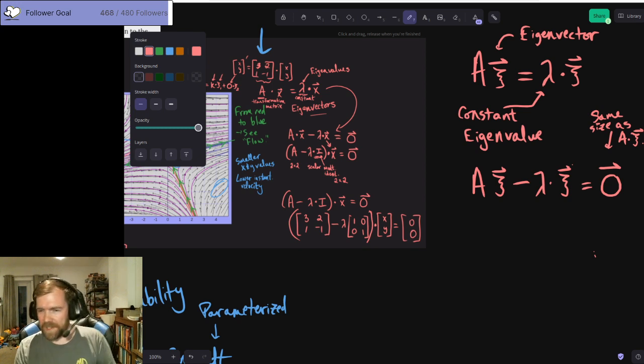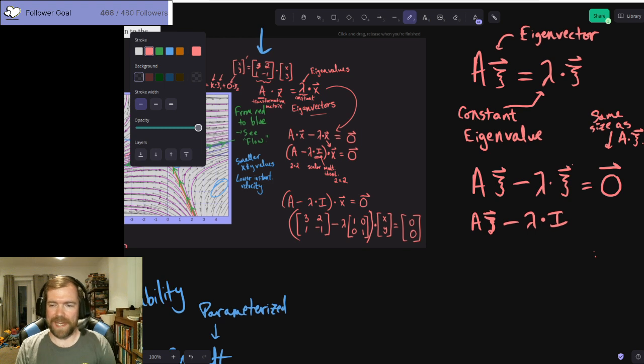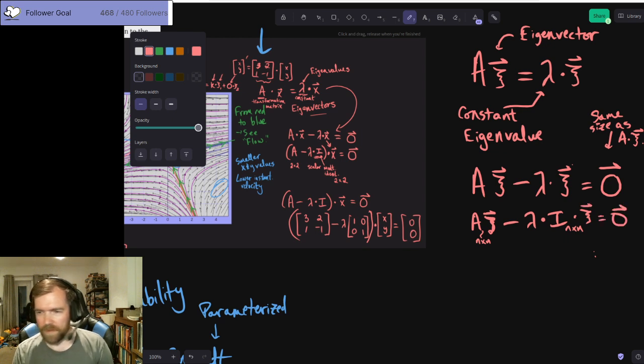So in this particular case, we're going to say that A C is going to be lambda times our identity matrix, which is going to be the same size as matrix A. So we have A being n by n, then I should also be an n by n matrix, times C, equal to that same 0 vector.